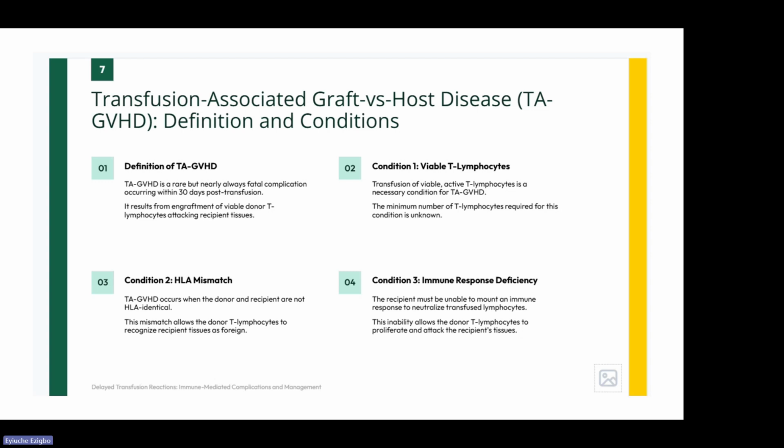We don't know whether 10 lymphocytes as part of the red blood cells we transfuse can elicit this response, or how many lymphocytes, or even one lymphocyte. The only condition in this aspect is that the lymphocytes have to be viable. So when you do your vital staining, you know whether the cell is viable.